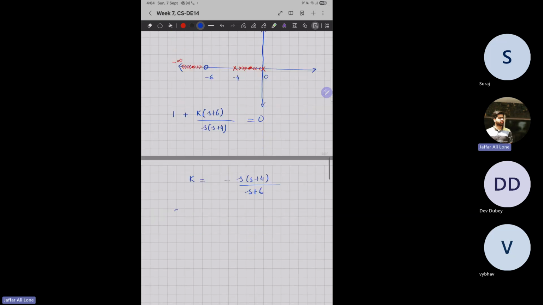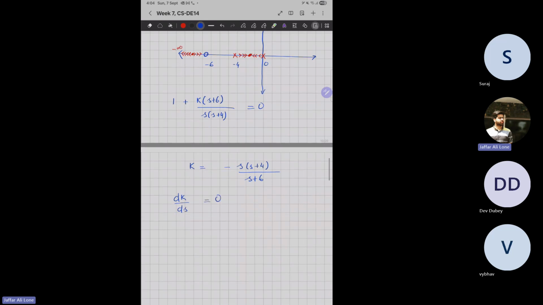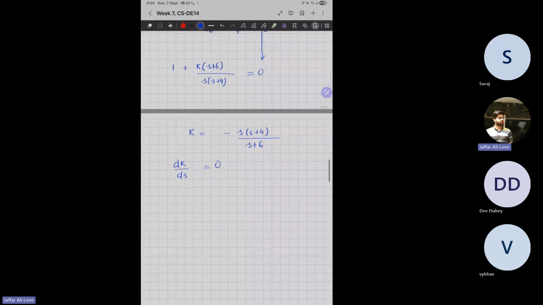Now, if we differentiate it with respect to S and put it equal to 0, we find some big equation, and eventually we'll get this equation: S squared plus 12S plus 24 equals 0. Now, if we solve it, we'll get S equal to minus 2.536 and minus 9.464.